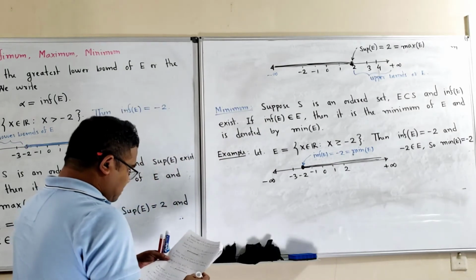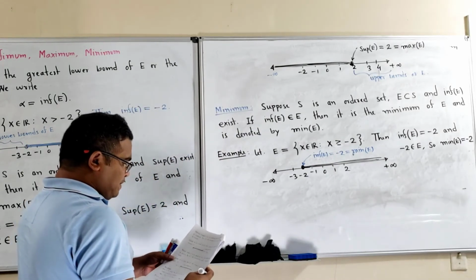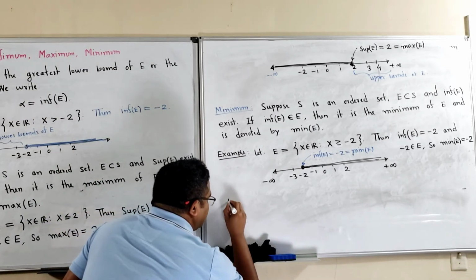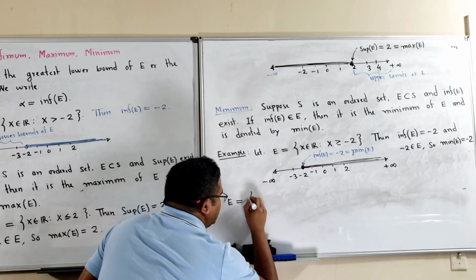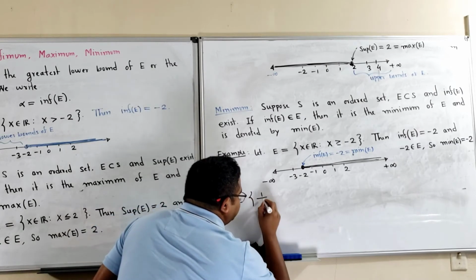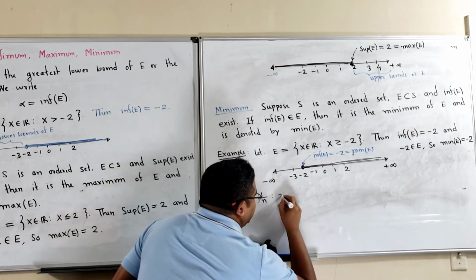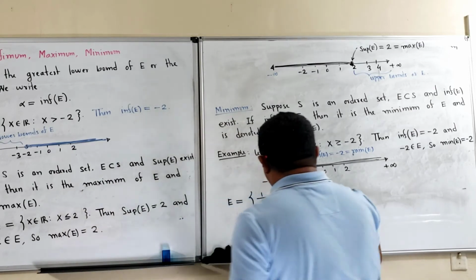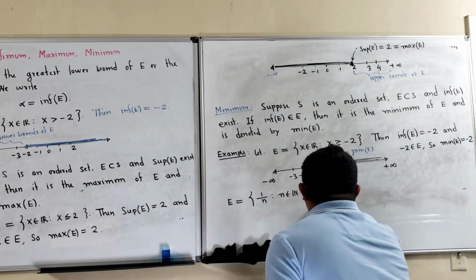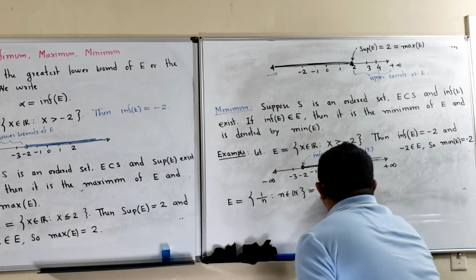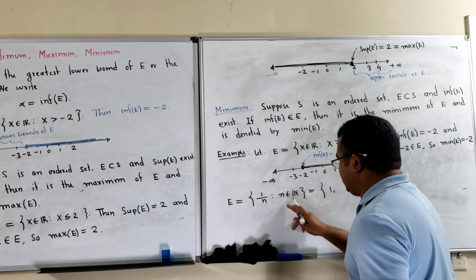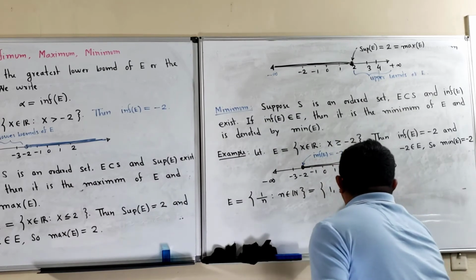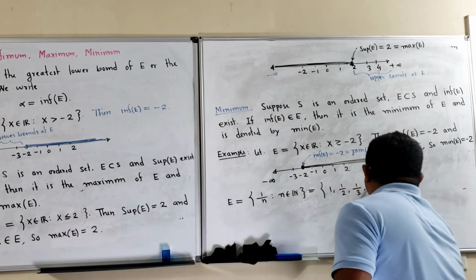Now suppose E is 1 over n such that n is a natural number. When n is 1, this is 1. When n is 2, it is 1 over 2. When n is 3, it is 1 over 3, and it keeps going on.